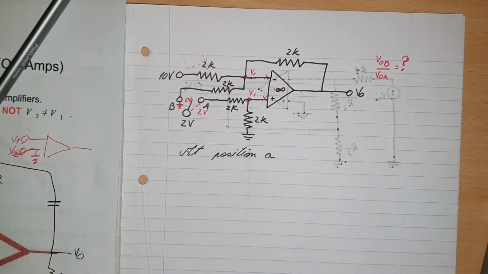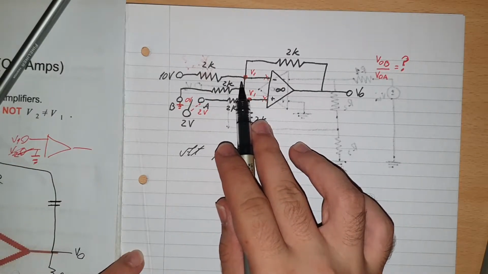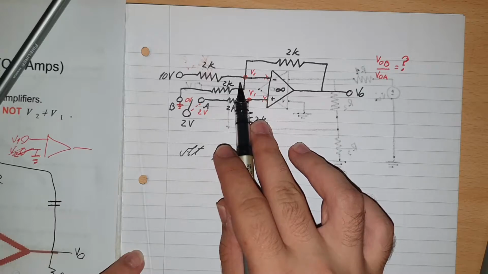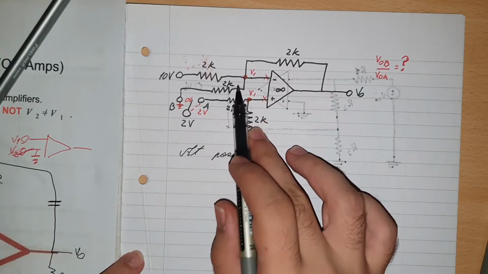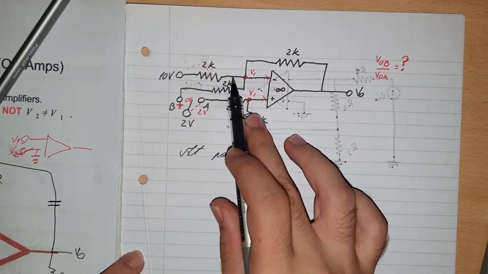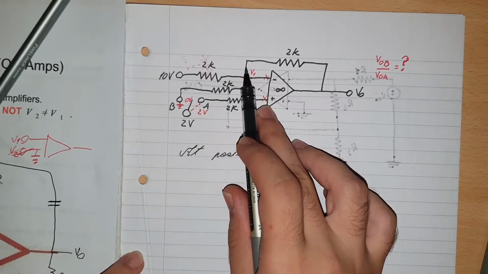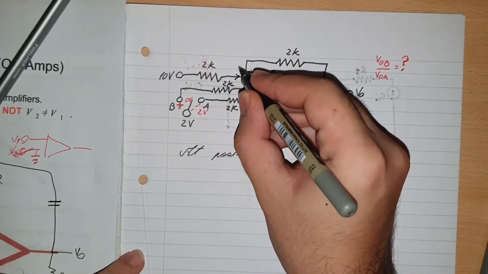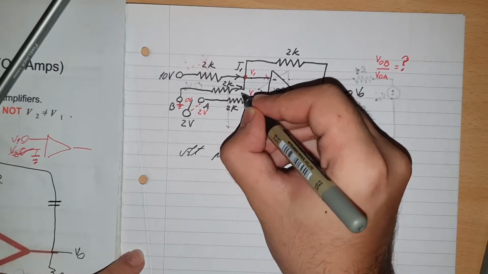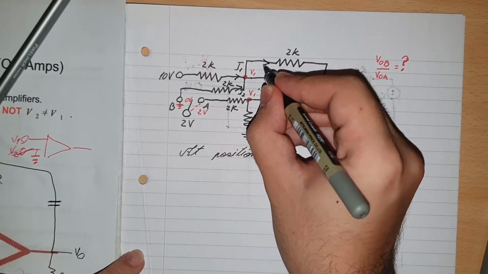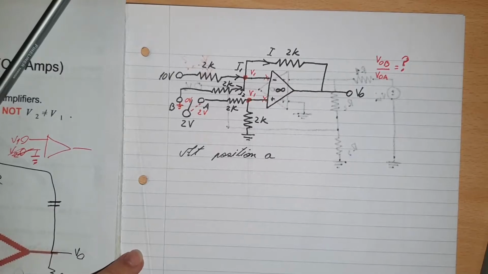Okay, so we have this point V1 here, and we have 2 currents going into it and 1 current coming out in this direction. So we can say this one will be I1, this one will be I2, and this one here will be the total I.